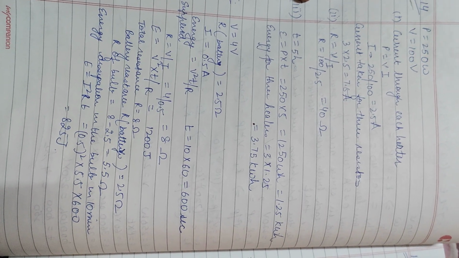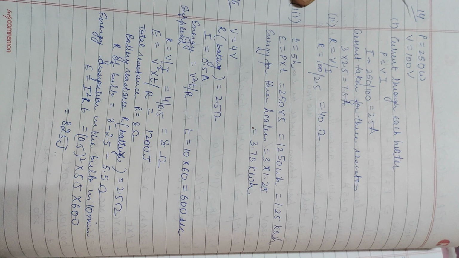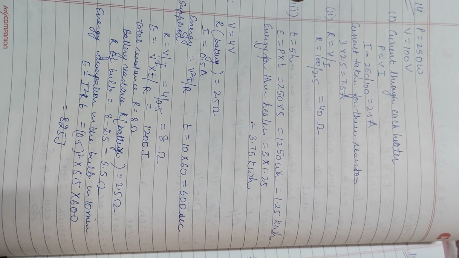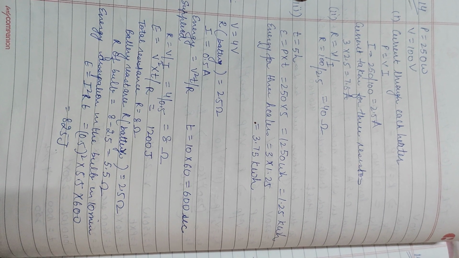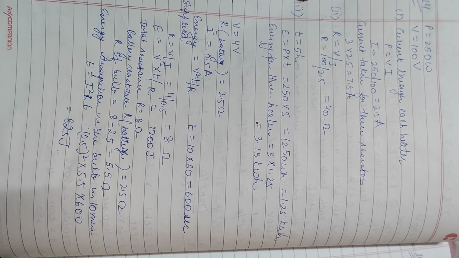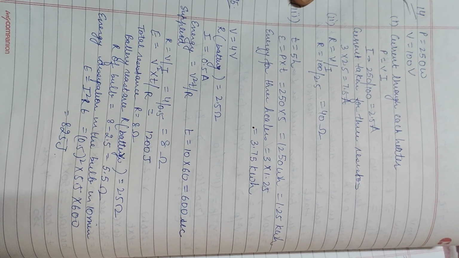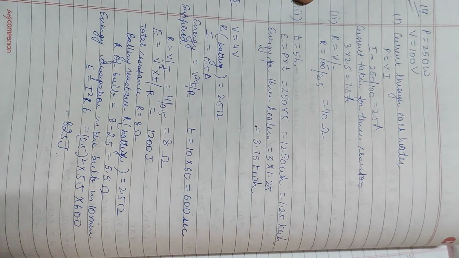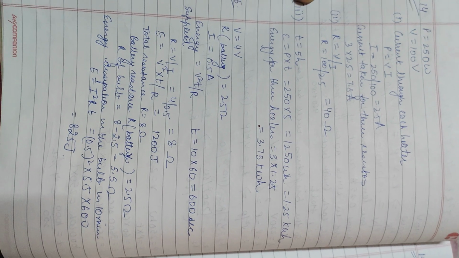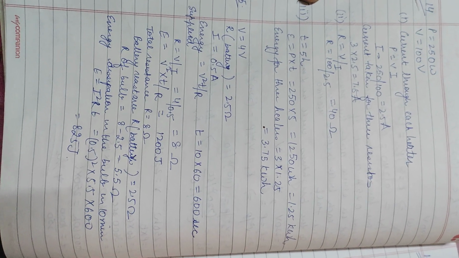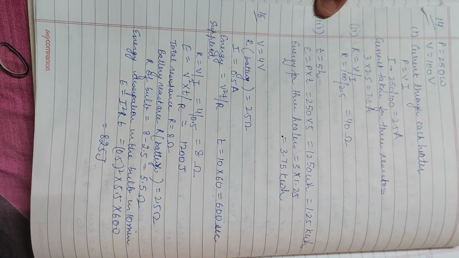So that will be 3 into 2.5, and for resistance, R is equal to V upon I. So R is equal to 40 ohms. Current value is 7.5 for all, and R is equal to 40 ohms. So T is equal to 5 is given to you. So energy is equal to P into T. Putting down all the values, you will get the answer. Very simple numericals. You just need to know the formulas and you will get the answer.